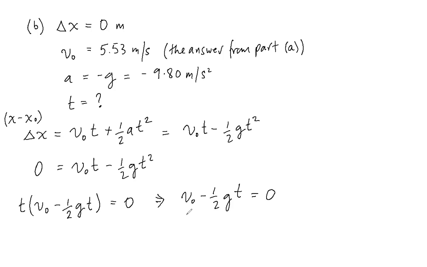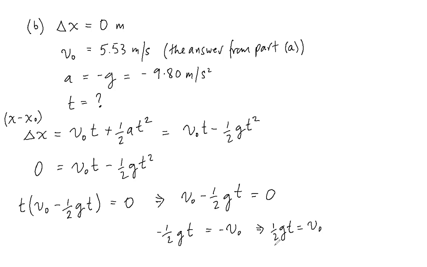I can go ahead and subtract v0 from each side, so I get minus 1/2 gt is equal to minus v0. Now I can multiply each side by minus 1, and that's going to make them both positive. So I get 1/2 gt is equal to v0.